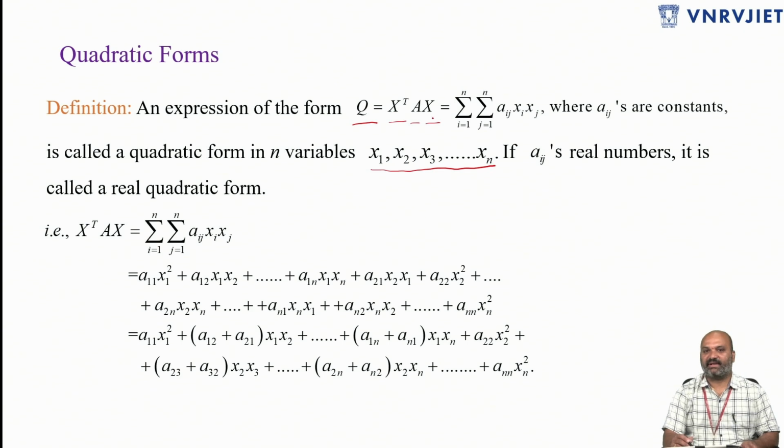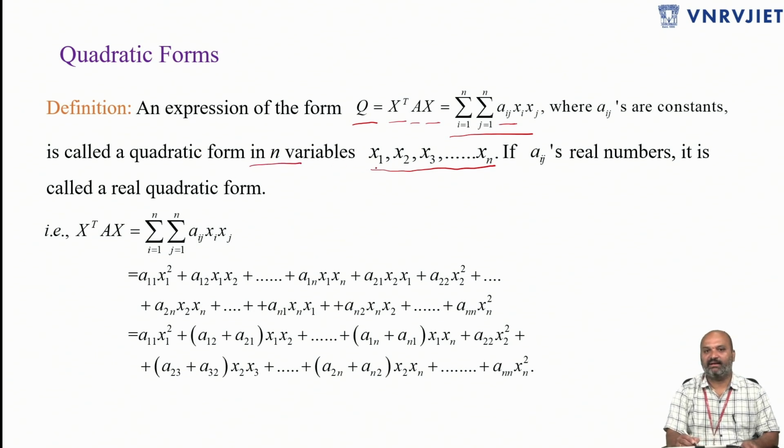This can be expressed as the summation i equals 1 to n, j equals 1 to n, aij xi xj. This is called a quadratic form in n variables, where the aij are all real constants. We'll study only real quadratic forms here.